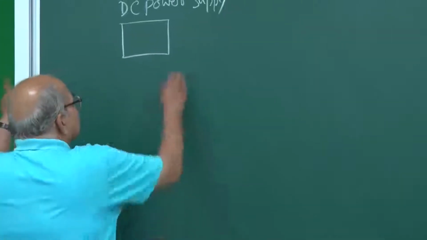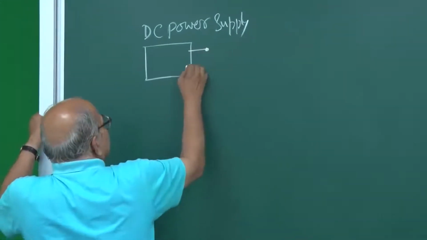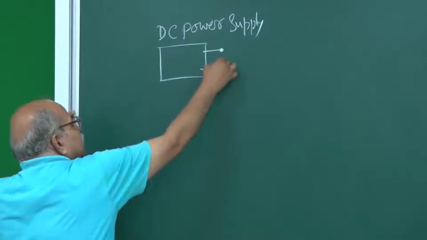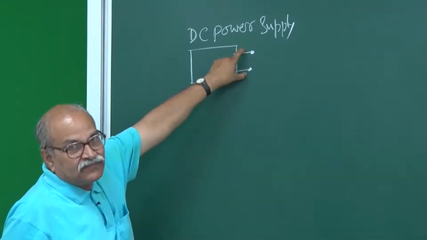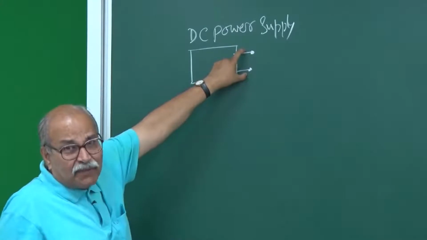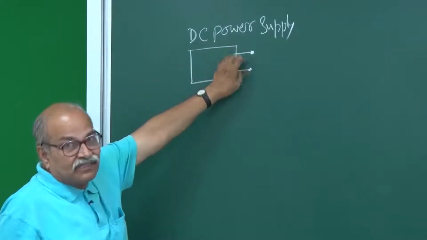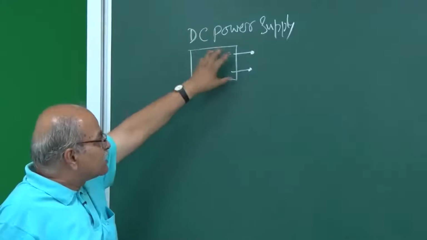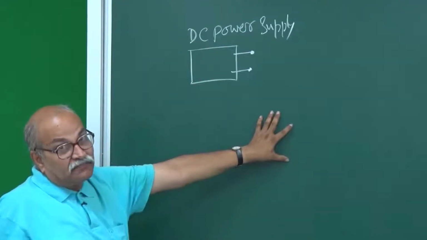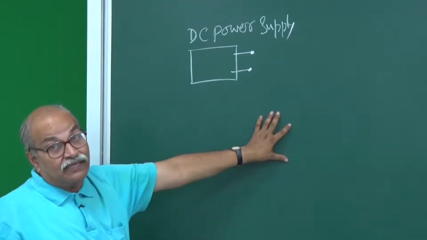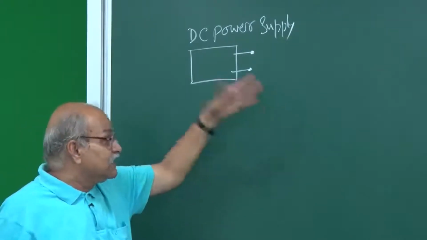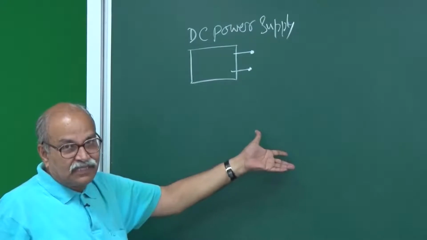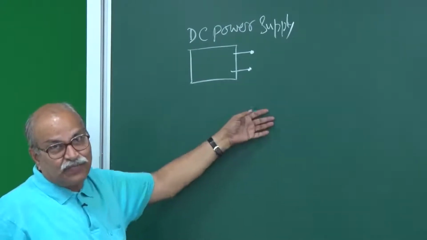Okay. So this DC power supply is supposed to give me a voltage difference here that must be fixed as a function of time. But many times it doesn't happen like that. There are some fluctuations. And if there are some fluctuations, my appliance may or may not accept that. It may be very sensitive. So that if it needs 5 volts, it needs 5 volts. It should not be 5.1 or 4.9.